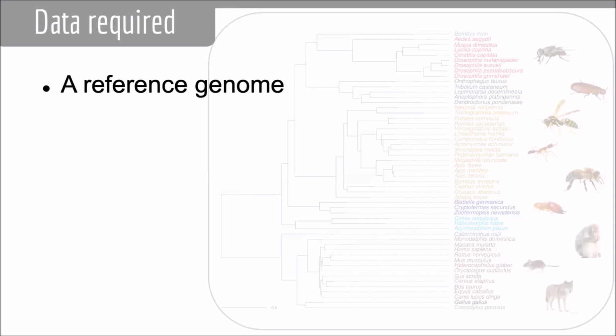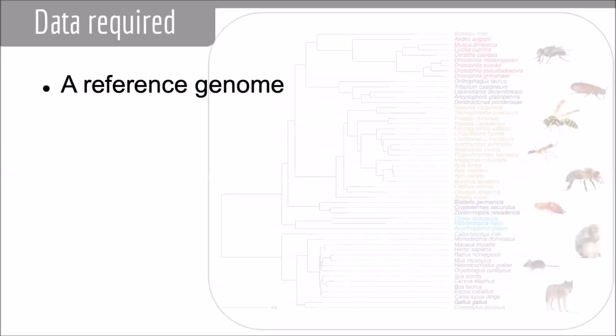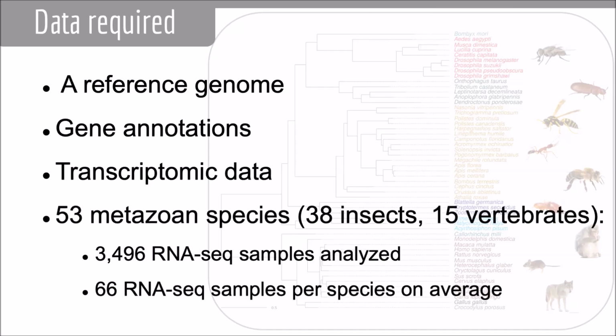So for this analysis, what do we need? We need a reference genome assembly, we need gene annotations, and we need transcriptomic data. Okay, so reference genome, gene annotation, transcriptomic data. And so we were able to investigate alternative splicing in 53 species, so 38 insects and 15 vertebrates.